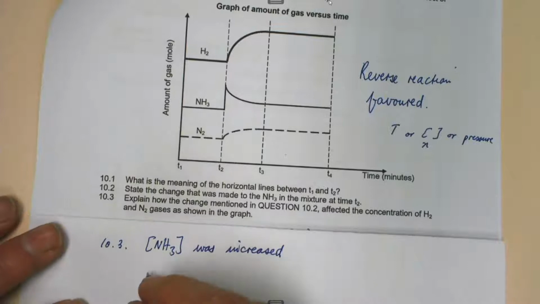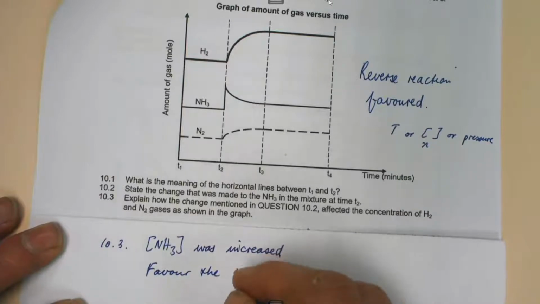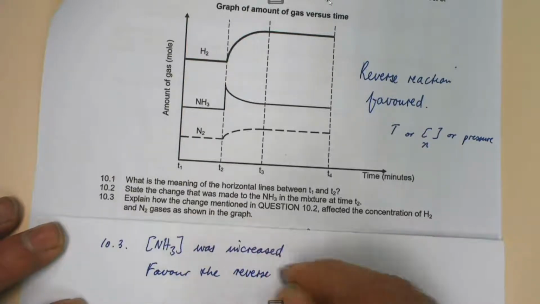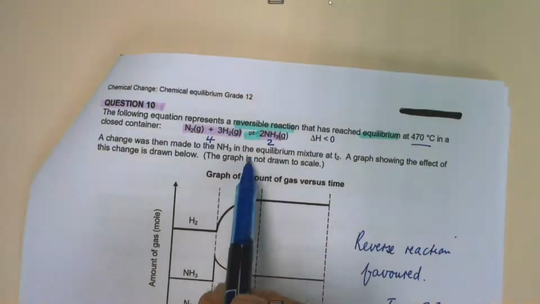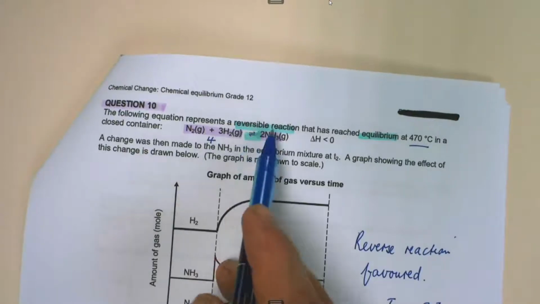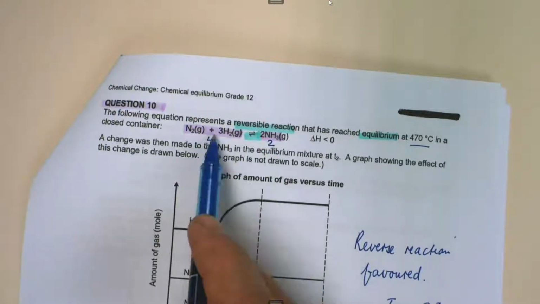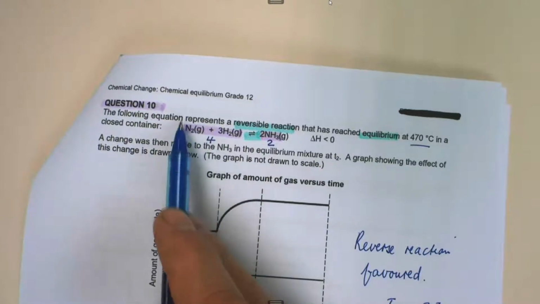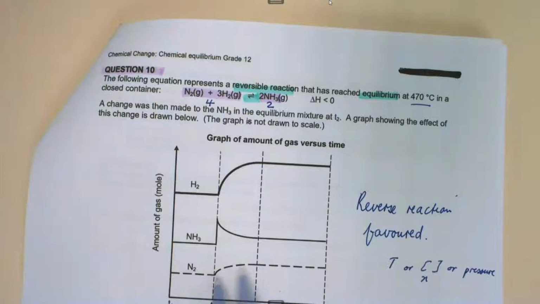It will favor the reverse reaction. All right, the excess NH3 will favor the reverse reaction, and more of the N2 and H2 will form, and that's exactly what we see here in our graphs.